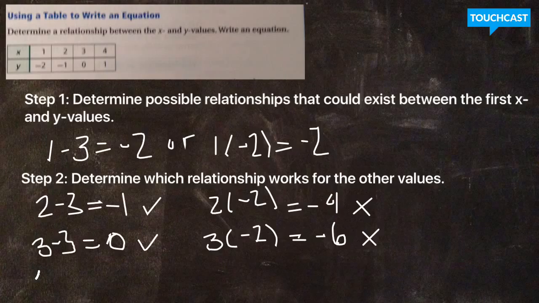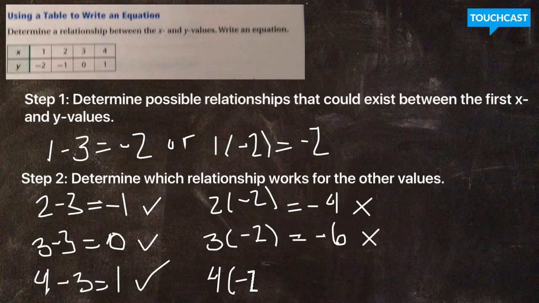If we go 4, take away 3, that equals 1, which is what we want. And if we go 4 times -2, that's going to give us -8. That is not the value we want. So it does appear that there is a clear relationship that does work, and there is one that does not.